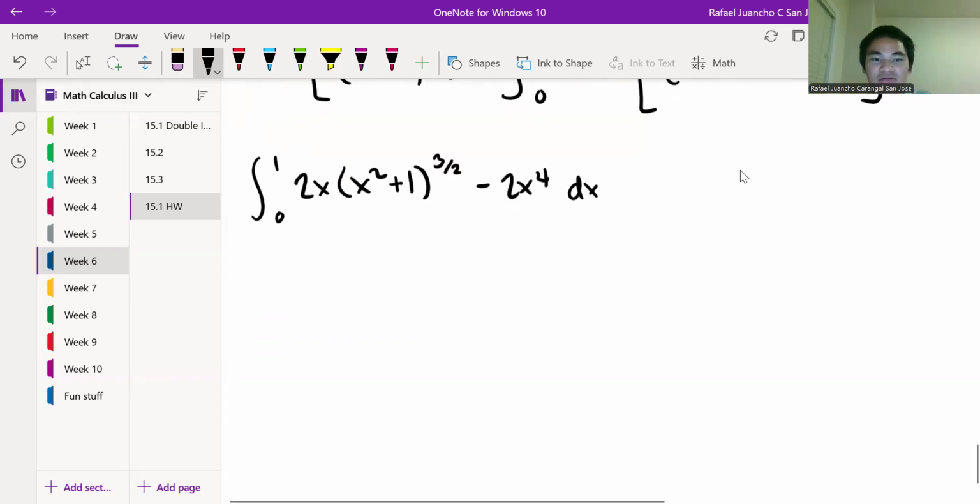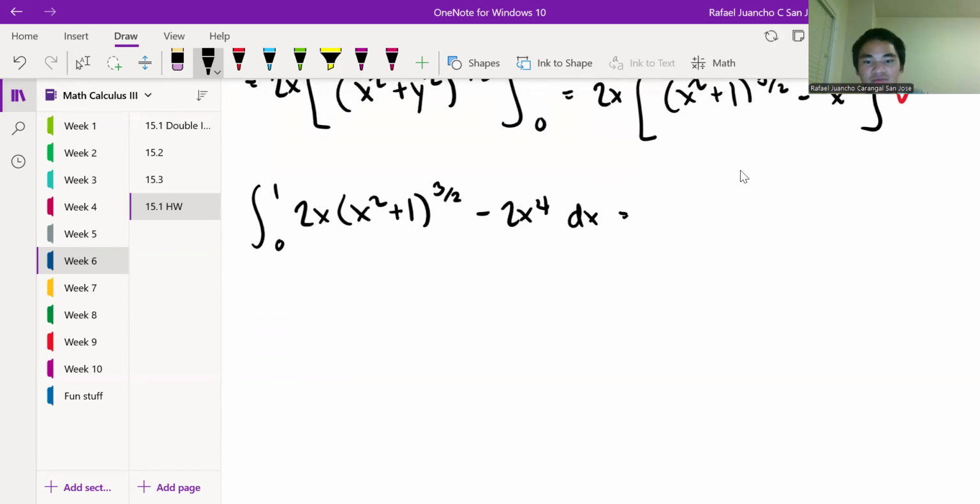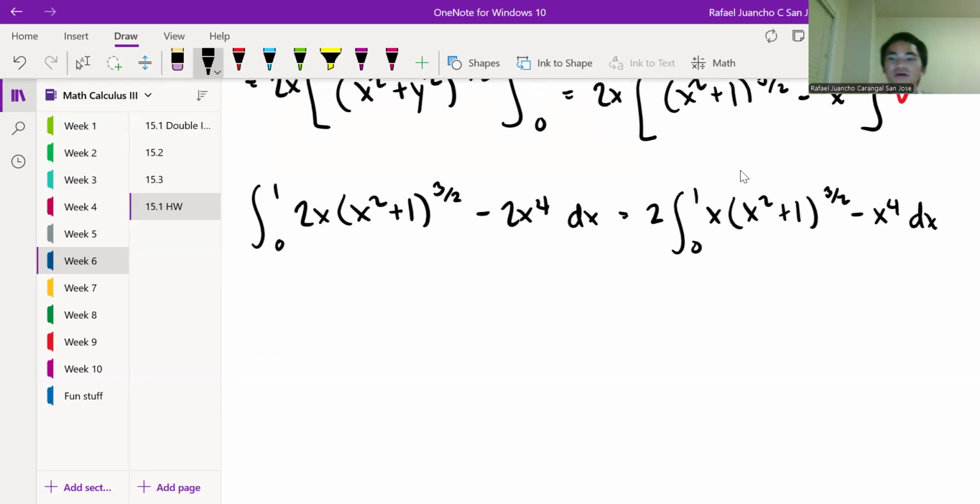Right, that's my integral. I could factor out my 2, so I got 2 of this thing: x times x squared plus 1 to the 3 over 2, minus x to the 4th dx. Now, I could do these one by one. This one's easy. This one is a bit weird. Oh, I could do a u sub here.